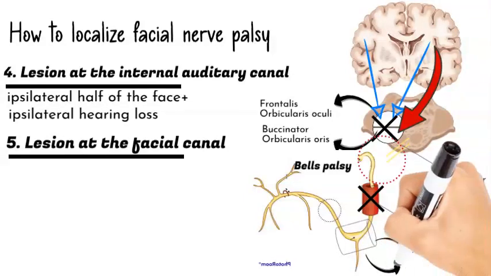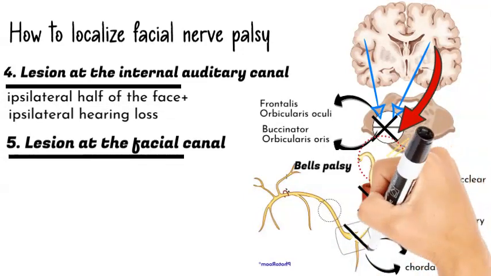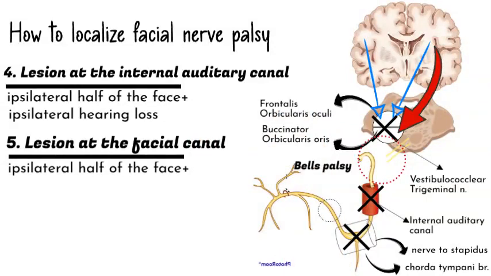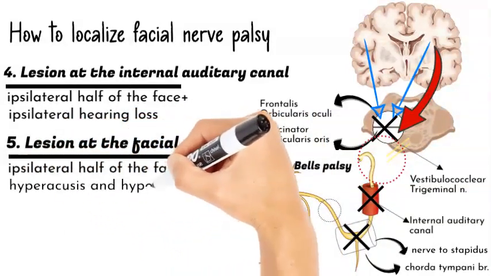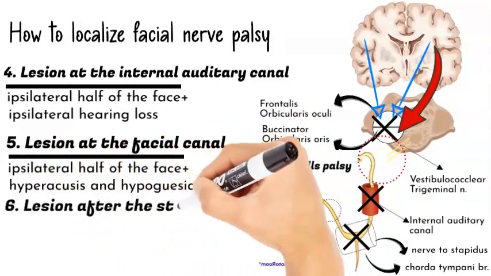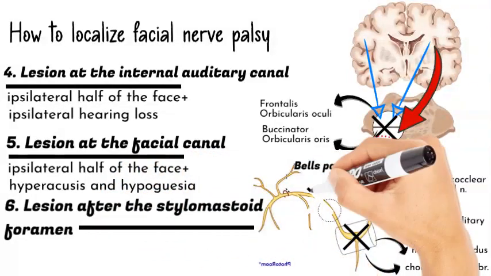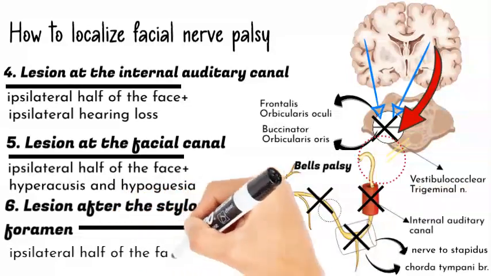In the facial canal, we know that the facial nerve gives rise to the nerve to stapedius and also the chorda tympani branch. So there will be paralysis of the ipsilateral half of the face plus hyperacusis and loss of taste sensation on the affected side. Finally, a lesion after the stylomastoid foramen will cause paralysis of the ipsilateral half of the face.